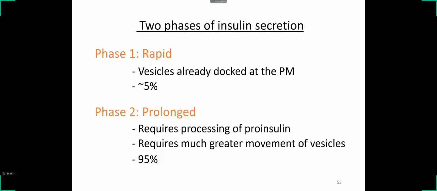You've got to move it through the endocytic system, through the Golgi, and to form the final insulin peptide. So this prolonged step has a higher threshold for when it's going to get secreted. The cell wants to really make sure that insulin needs to be secreted before it starts a process of making more and more insulin, because insulin takes energy, it takes resources, and it takes time.